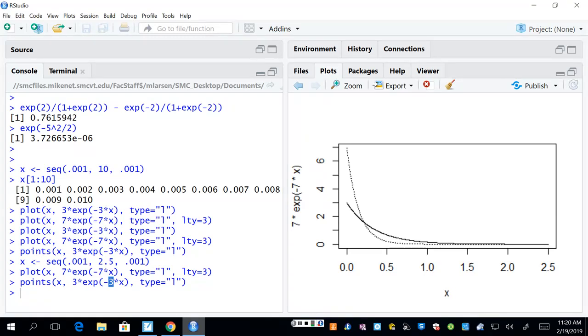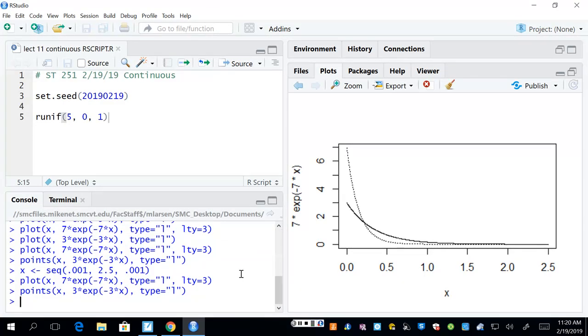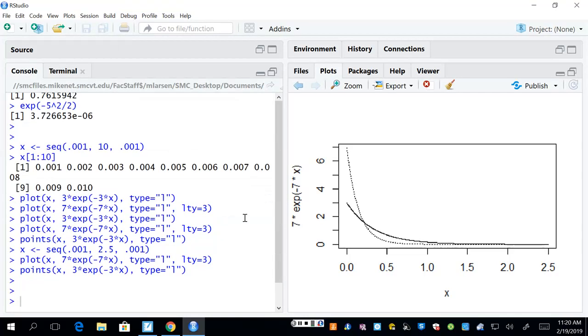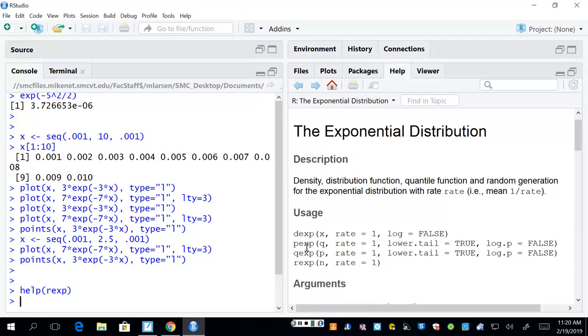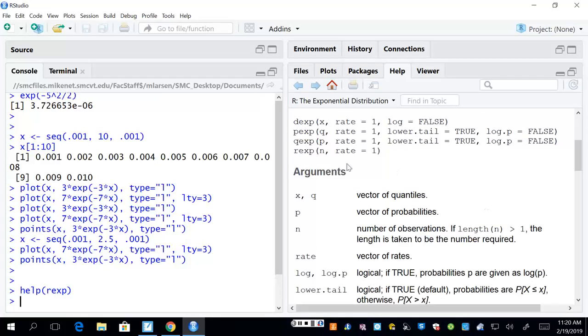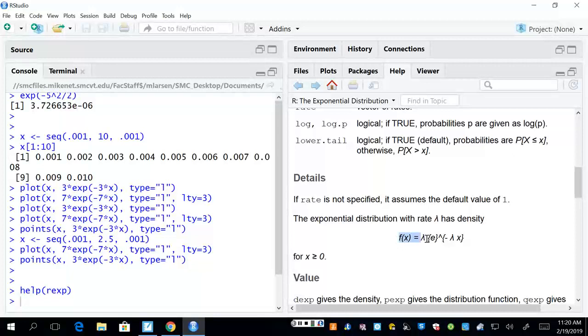This exponential, it's also possible to take random samples of that. There's a density function, a cumulative function, a quantile function, and then taking random numbers. A rate in here, it shows you it's using this form, that's our form, exactly what we want.